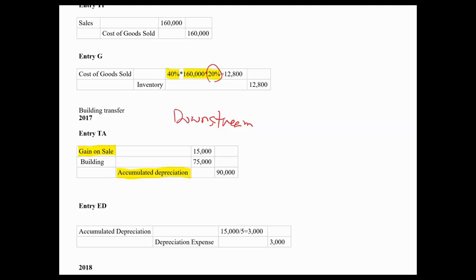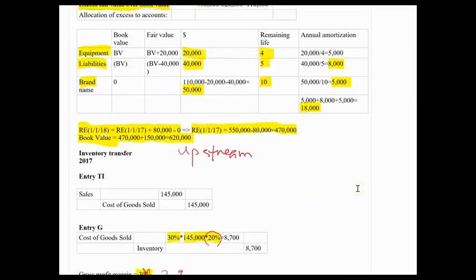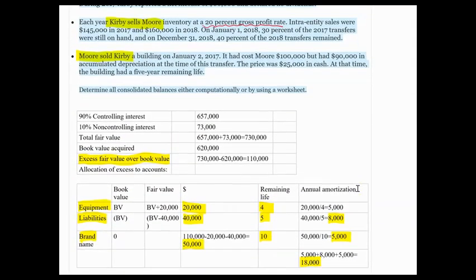At the same time, we debit the building amount to make it the 100,000 total. The reason is that the book value of this building is 100,000, right? It has 90,000 accumulated depreciation. So after it's sold from Moore to Kirby, and both amounts have been written out from the books, its new amount for the building is going to be 25,000.